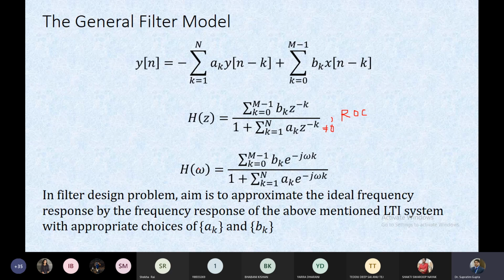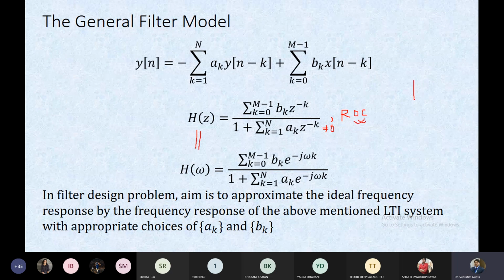And then what we can do with these poles and zeros is that if this covers the unit circle, then we can do that. It cannot be done in general, but in particular this unit circle should be included by, or covered by, this ROC.